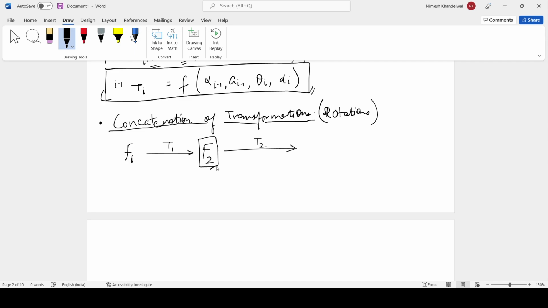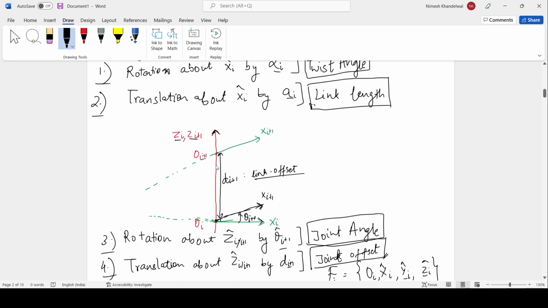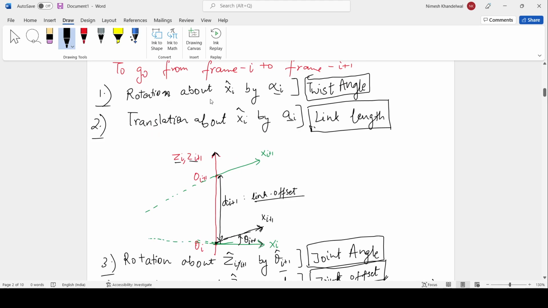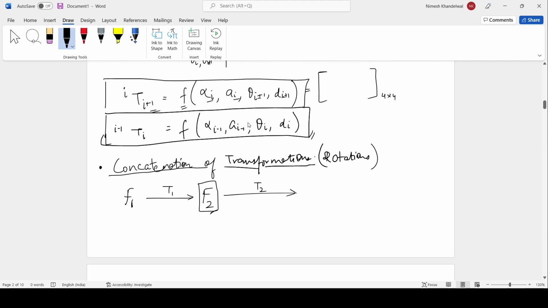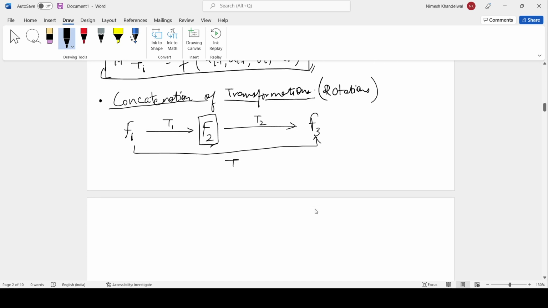That is what we are essentially doing in these cases. I rotate about xi by an angle alpha I, and then I take the new coordinate frame that I get after this rotation number one, and I translate that new frame about xi to get F3.